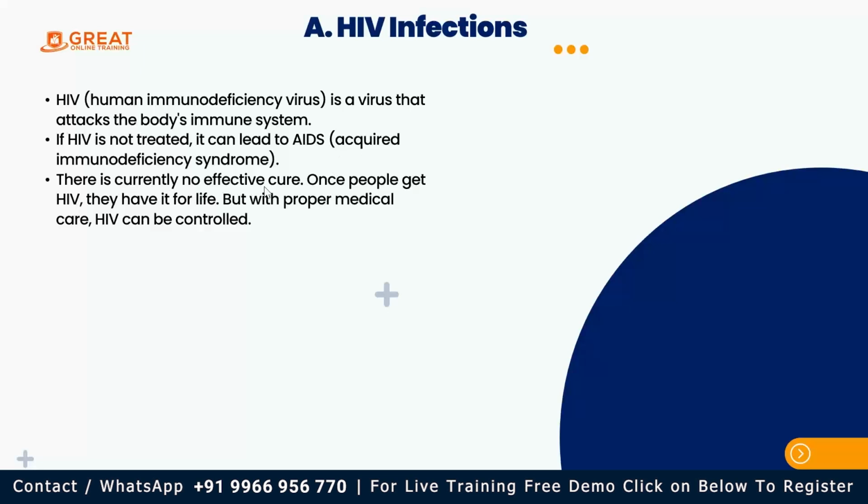There is currently no effective cure. Once people get HIV, they have it for life, but with proper medical care, HIV can be controlled. If you find anything HIV related in a patient's documentation, you can code it. But exactly which code to use, the guidelines tell us, and we'll see that in today's session.